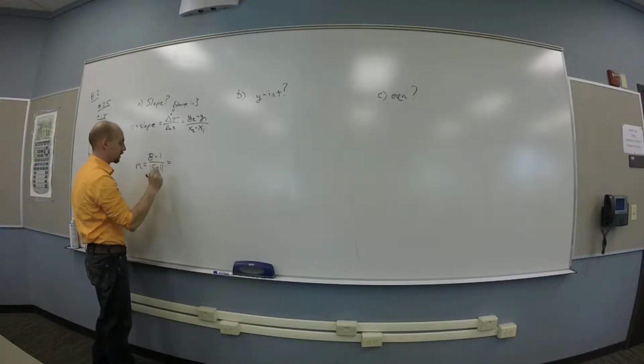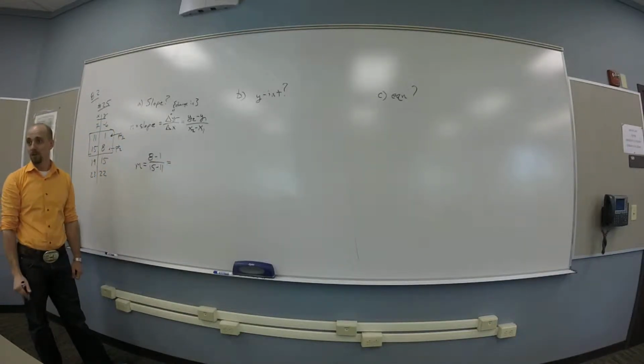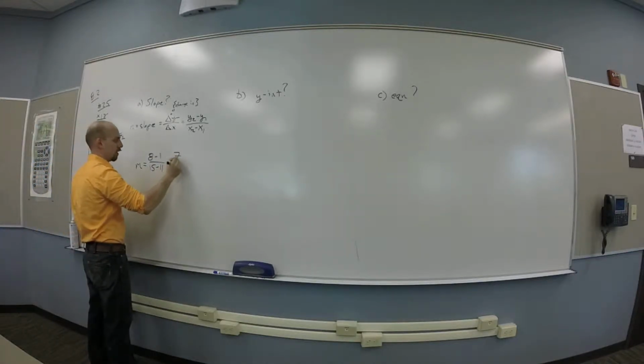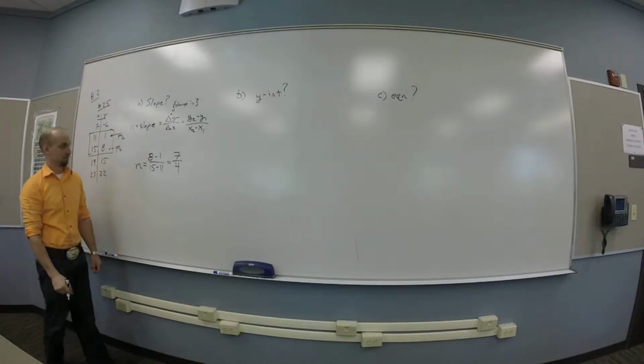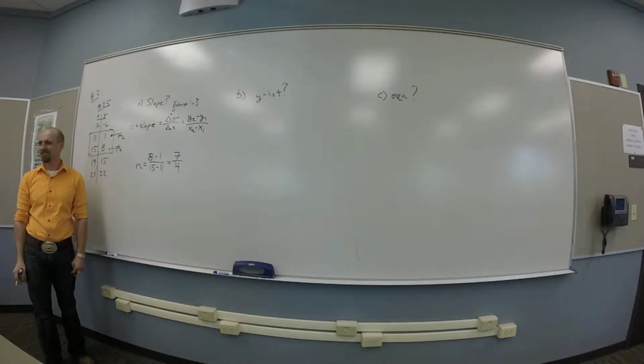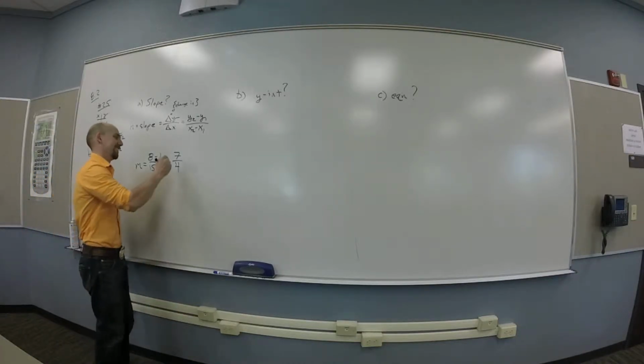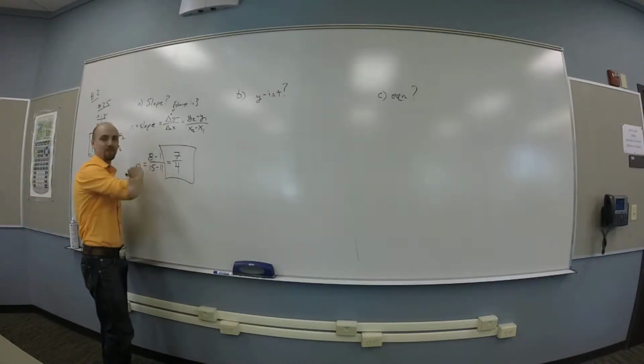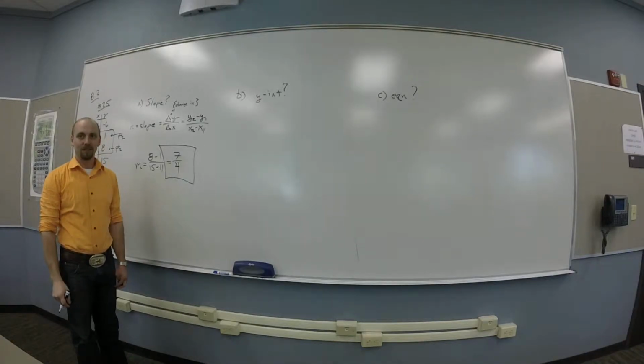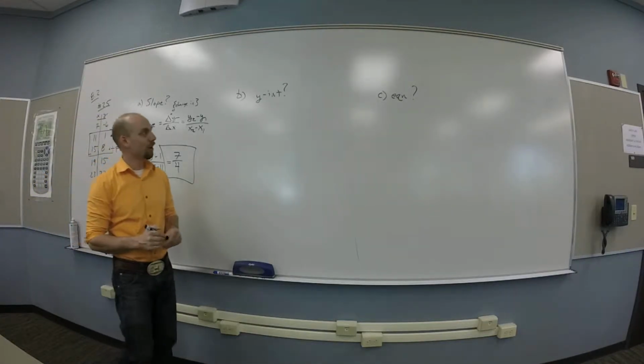So that simplifies to 7 quarters. Can I do any better than 7 quarters? 1 and 3/4. 7 isn't even, it's odd. Bam, done. There's your slope. So that's the answer to part A.